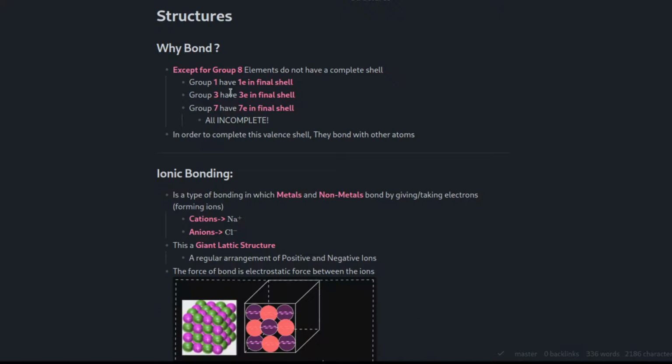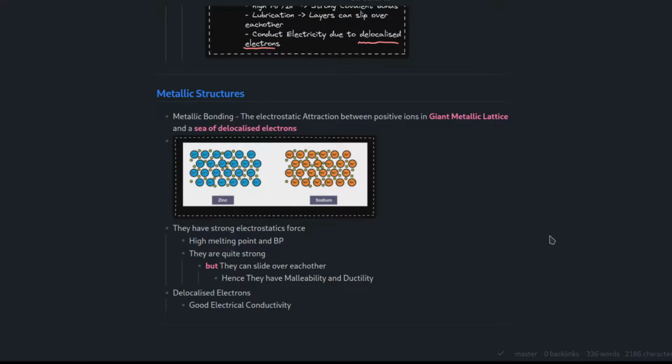And now let's just discuss it in terms of facts. Metallic bonding is the electrostatic attraction between positive ions in a giant metallic lattice and a sea of delocalized electrons. They have strong electrostatic forces, hence a high melting point and boiling point, hence they are also strong, but they can slide over each other.